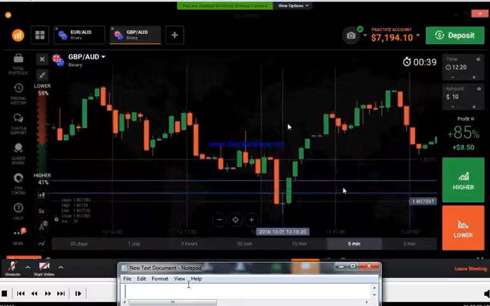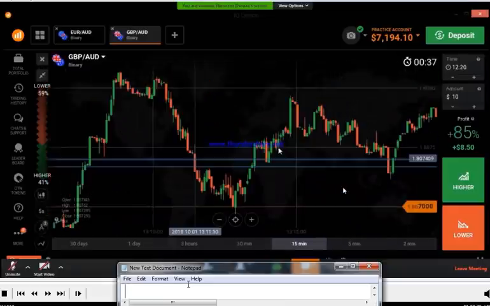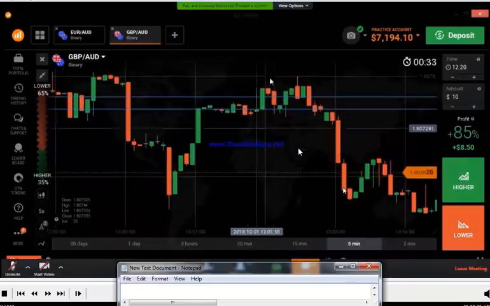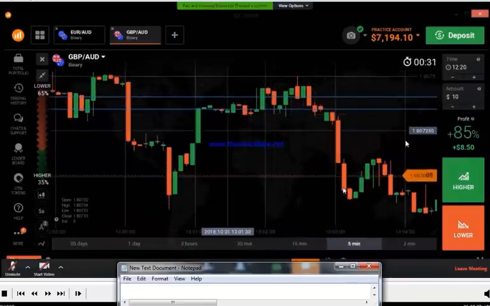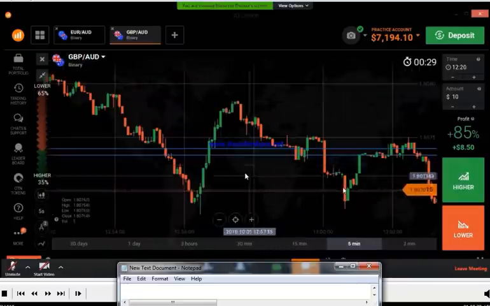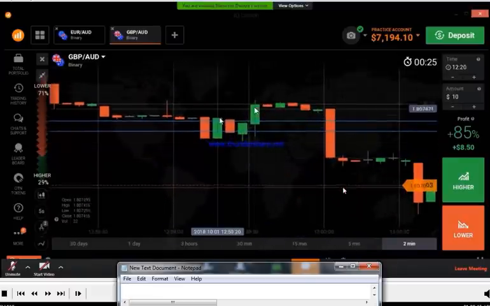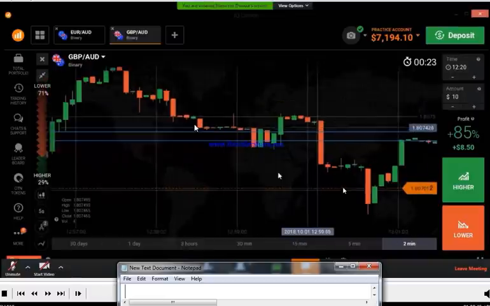Okay, you can find the strong confirmation here. No confirmation, no confirmation. You can see some confirmation. It is reversing again. Yeah, there are some confirmations here. Okay, you can see the confirmation. It closed above the level.